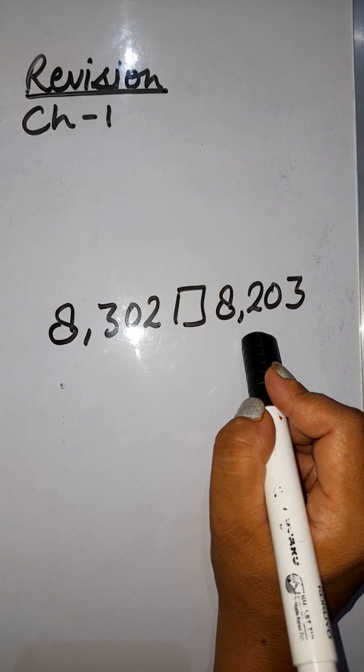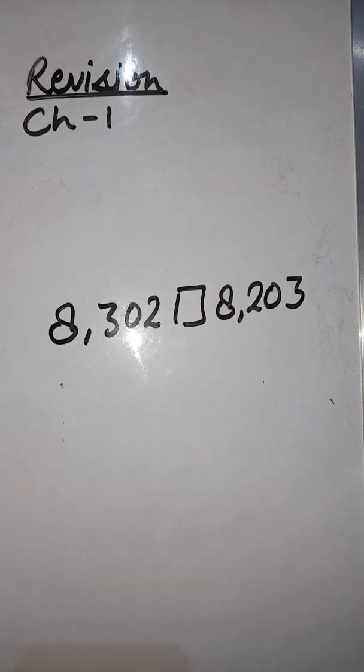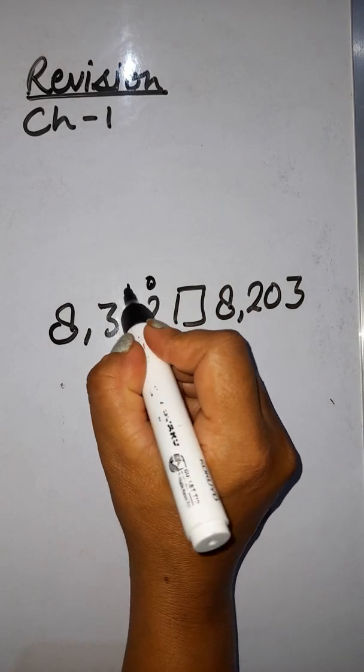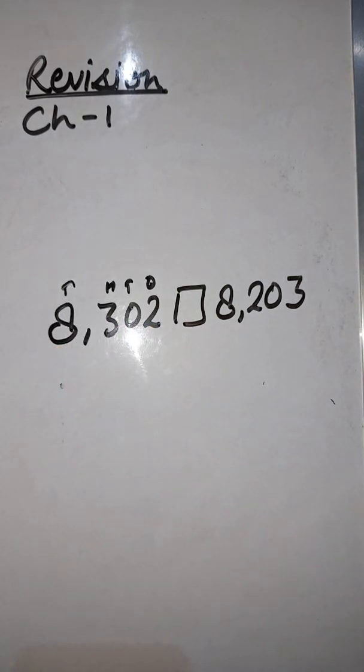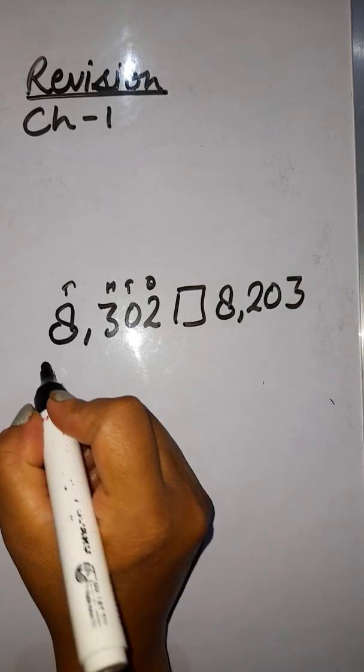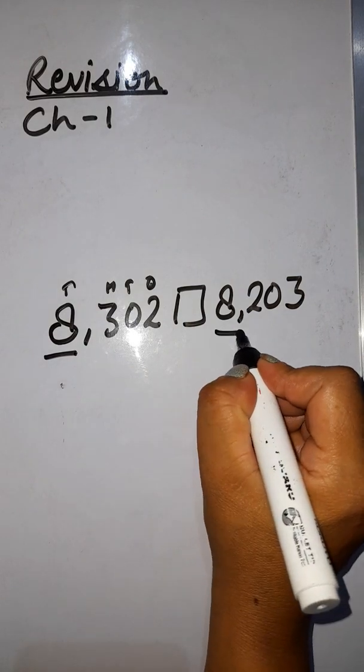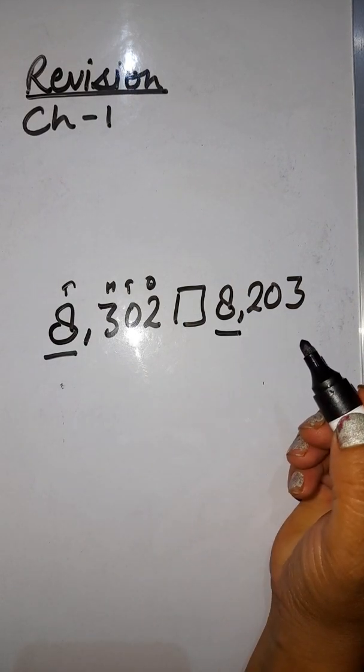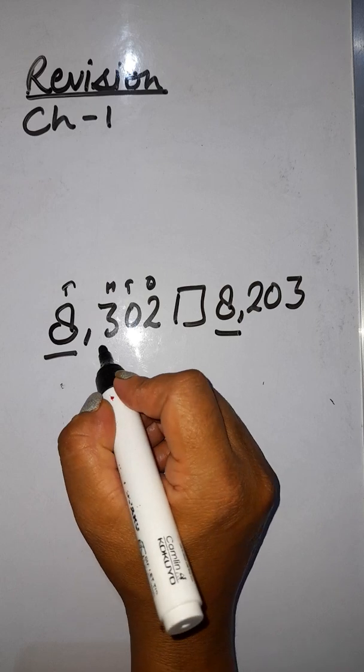So it is in the thousands place. Just check the place values: ones, tens, hundreds, and thousands. The next step is to check the thousand place digits. Here the thousand place digit is 8, and here it is also 8. Now the next step is to check the hundreds place.